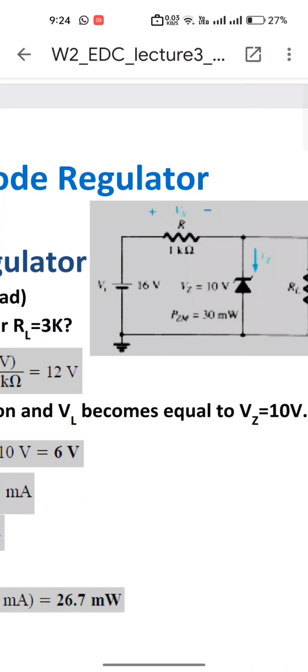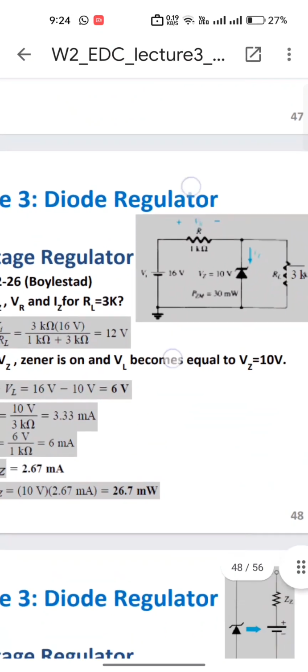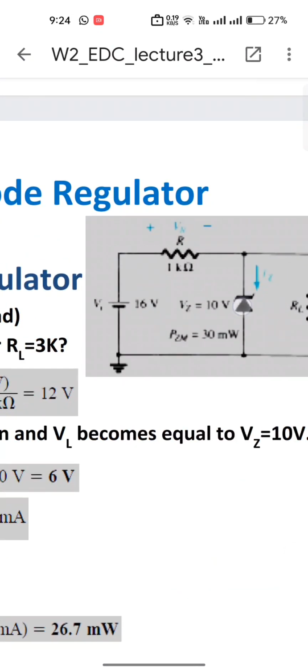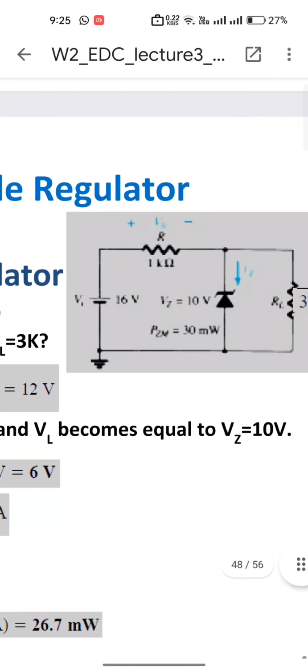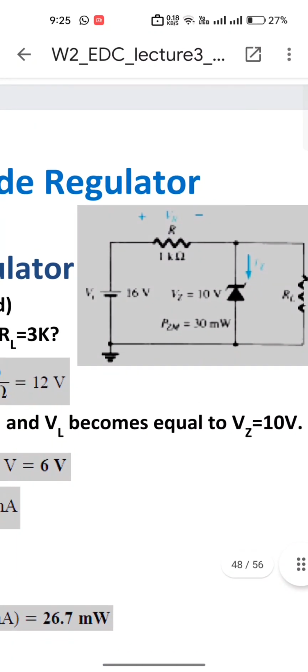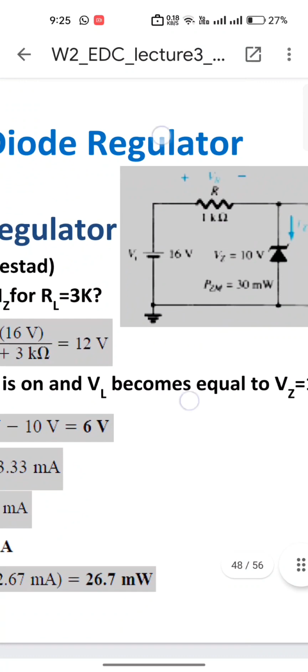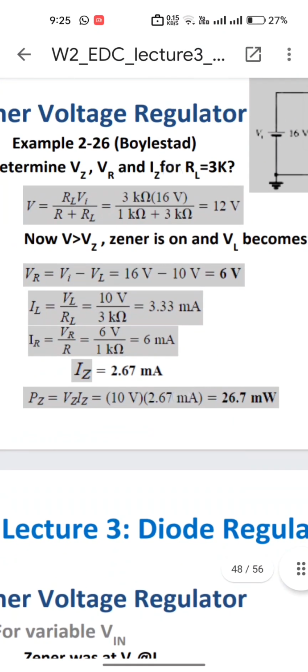We are given 16 volts from the source, this 16 volts will come to this node and 10 volts will be over this node. So the current through this resistor is 16 minus 10 divided by R. When we have the current, we can also calculate the voltage as V equal to IR.